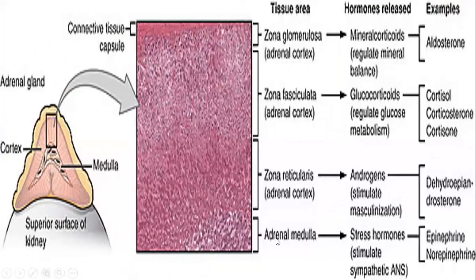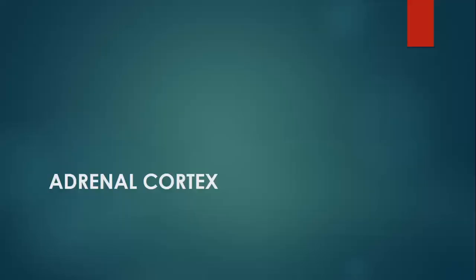The adrenal medulla, on the other hand, is responsible for production of what we call catecholamines. These catecholamines are epinephrine and norepinephrine. So we will discuss these hormones one by one in the next slides. But let's start first with the adrenal cortex.